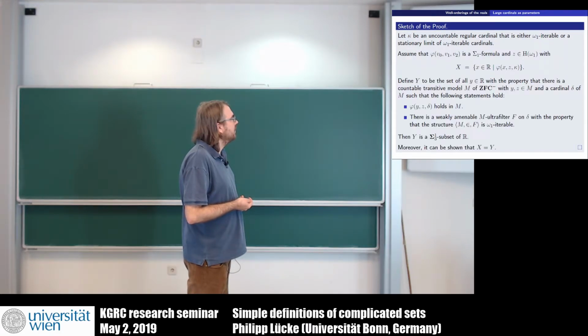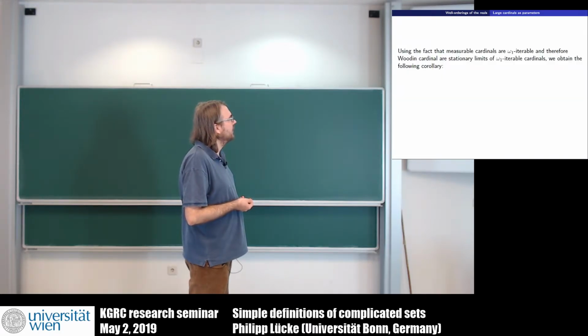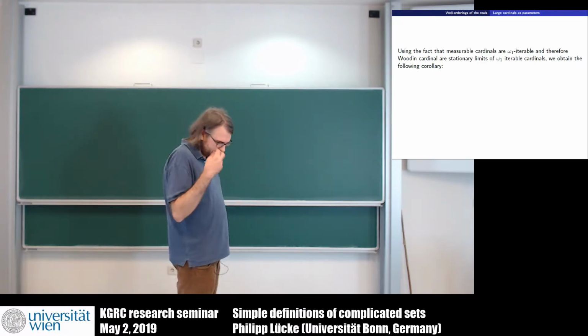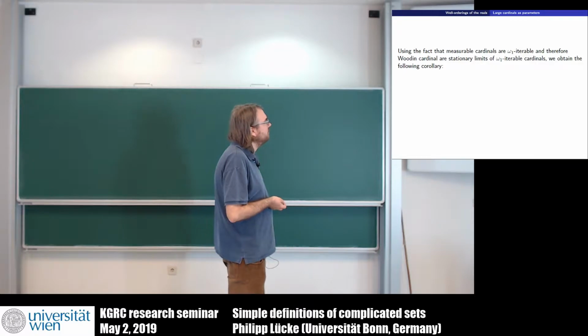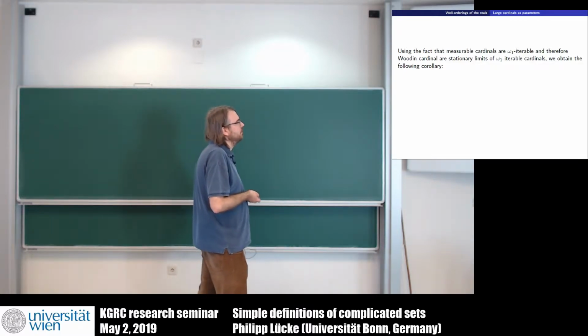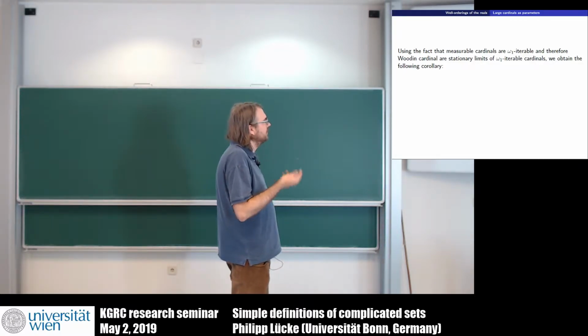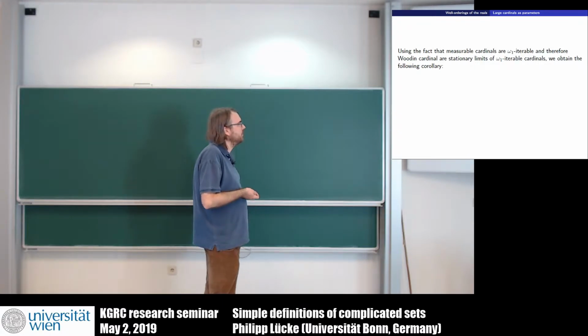Okay, so now if we have this, we can get some easy corollaries out of it, because measurable cardinals are omega-1 iterable, and Woodin cardinals are therefore stationary limits of omega-1 iterable cardinals.